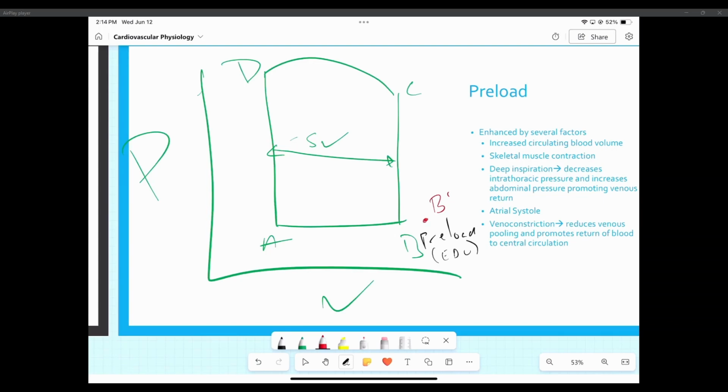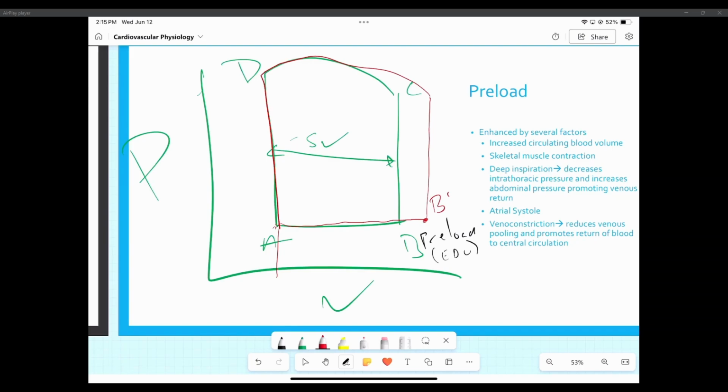We're increasing our preload, right? If you increase end diastolic volume, the preload goes up. Now, let's draw the new box. We still start from the same area because the starting amount of blood is going to be the same. Okay, we're going to follow the red line all the way out now to the new B prime. C remains at the same level. We connect back with this line and we go down.